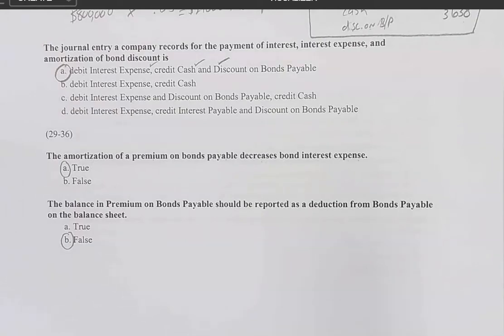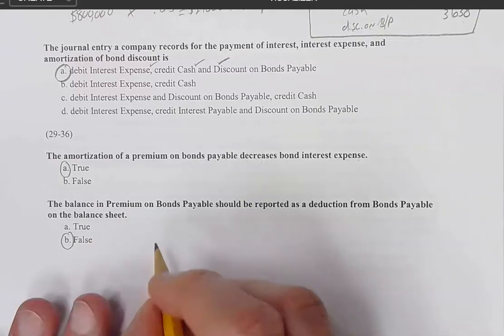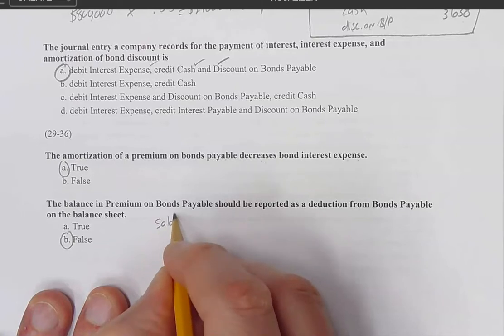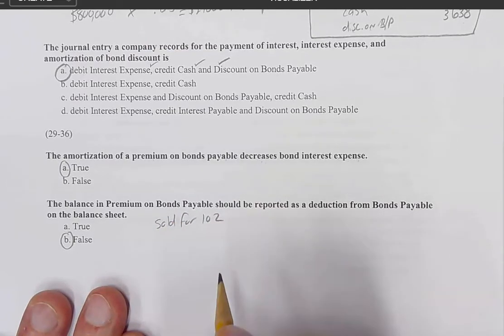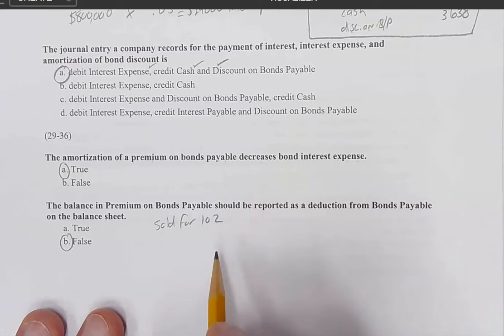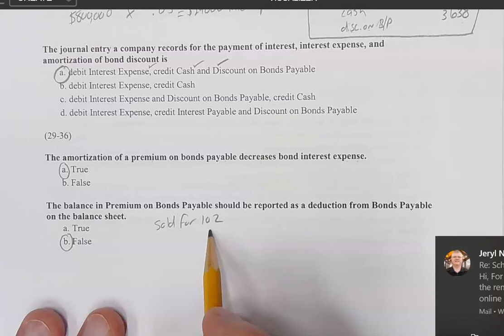So let's say that we sold bonds at a premium. Let's just say that the bonds were sold for 102. What that means is that the bonds were sold for 102% of the face value.